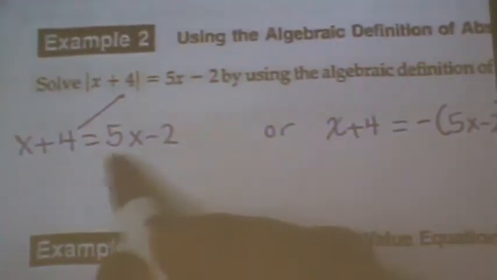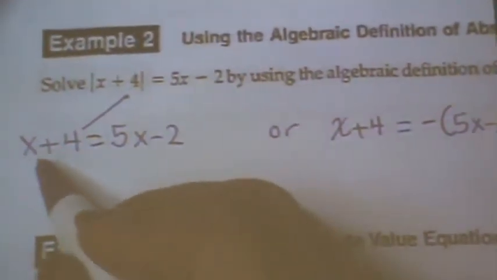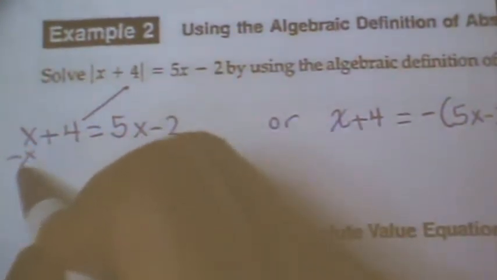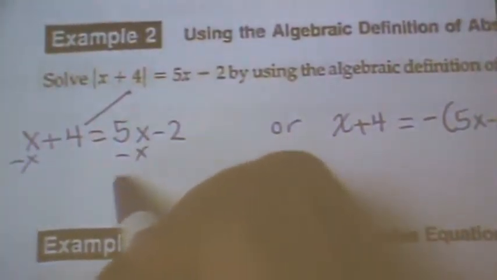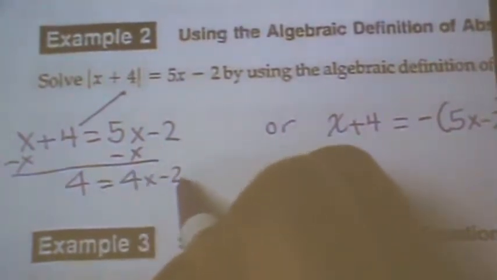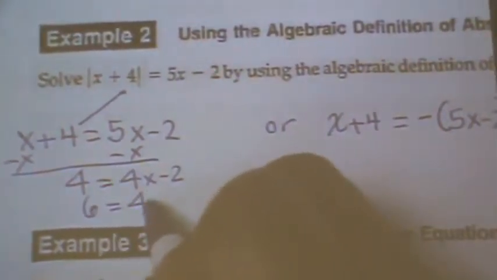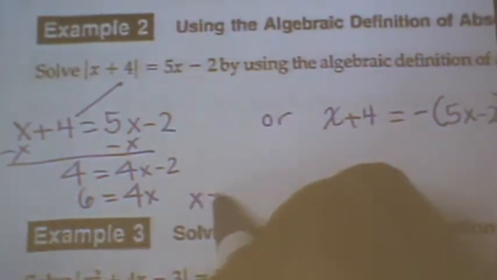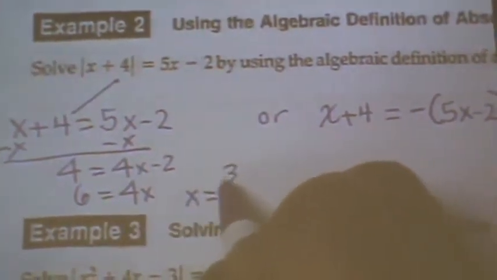So solving this side, if we subtract an x, you get 4 equals 4x minus 2. Add 2, you get 6. And divide by 4. What's your answer on this side? 3/2.